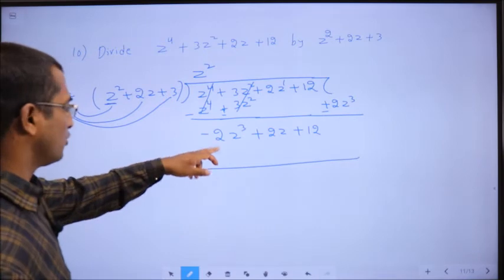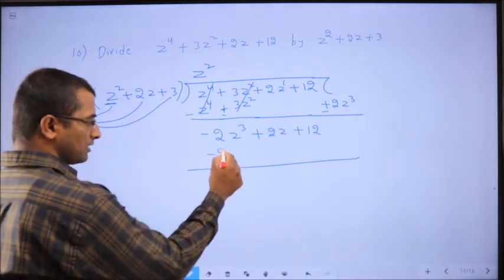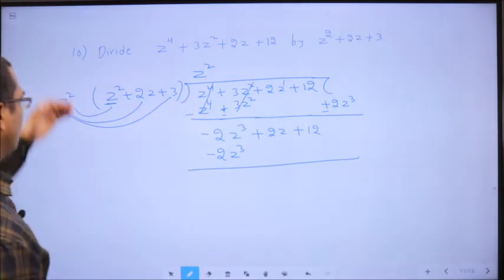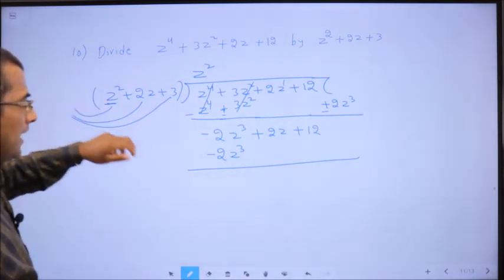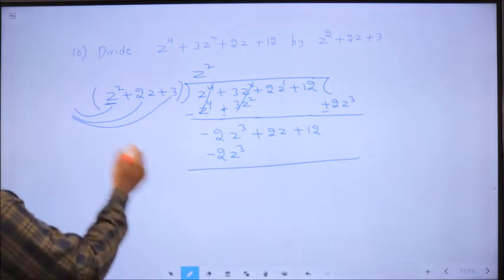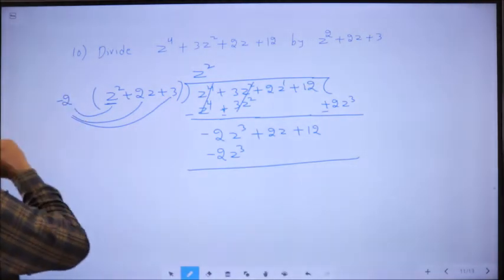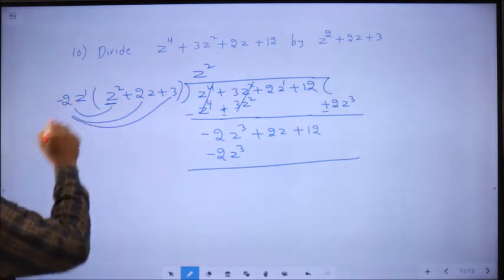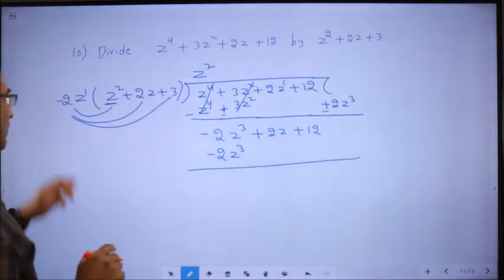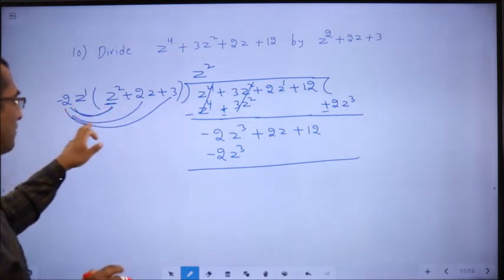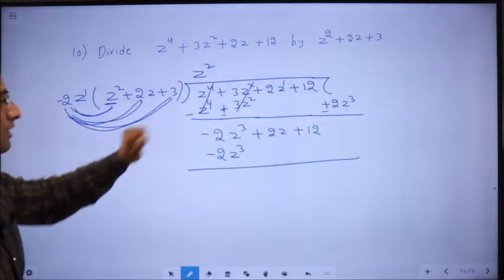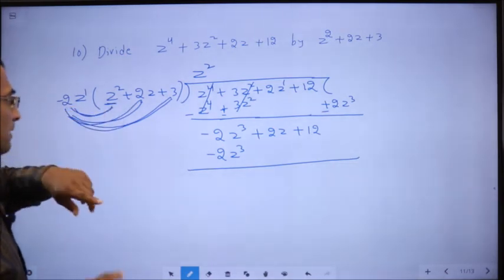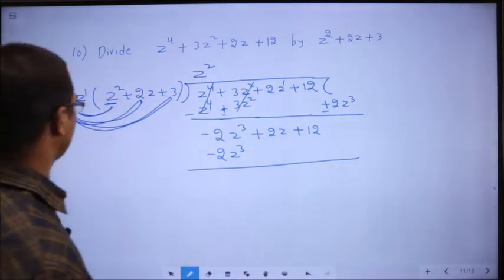Now here minus 2z cube. Below this also I should get minus 2z cube. Here I have z square, I should get minus 2z cube, means to get minus 2 I select minus 2. Z square should become z cube, means it should be multiplied with z power 1. When I am multiplying to the first term, I should also multiply to the second and also the third. So minus 2z into plus 2z will become minus 4z square.